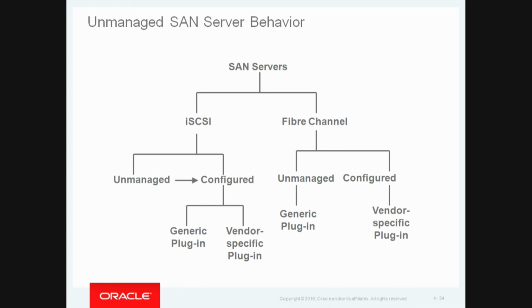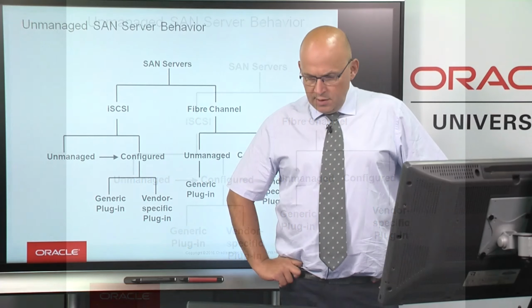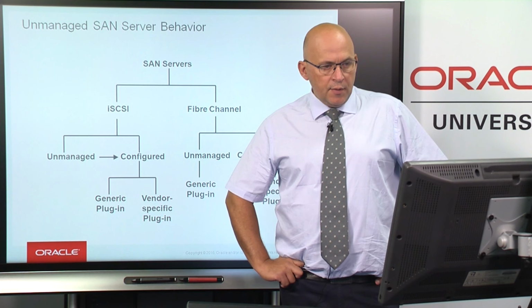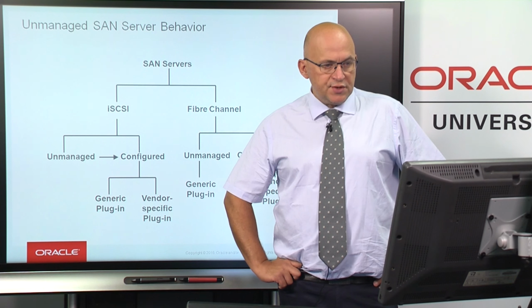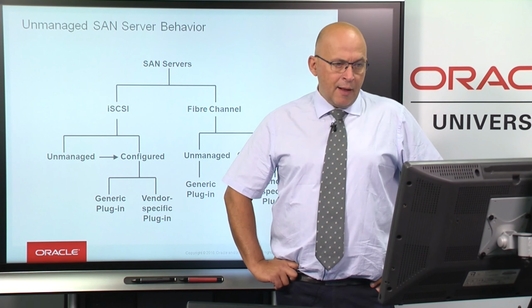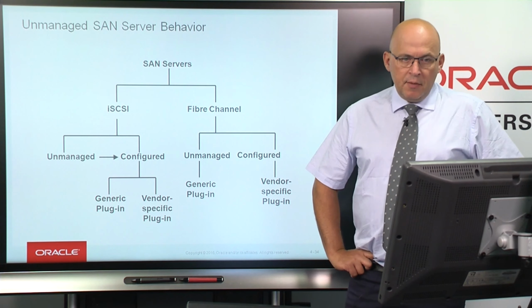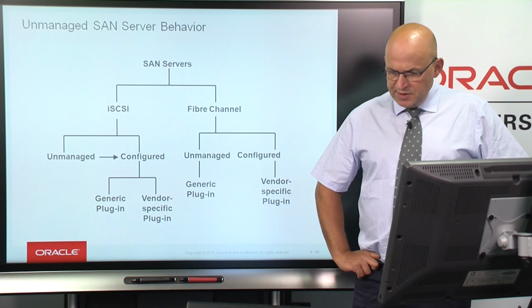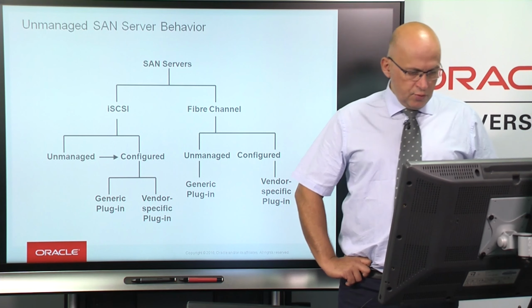For a fiber channel, as you will see here, the configuration will stay in an unmanaged state for the generic plugin, but for the vendor-specific plugin, it will go to configured.